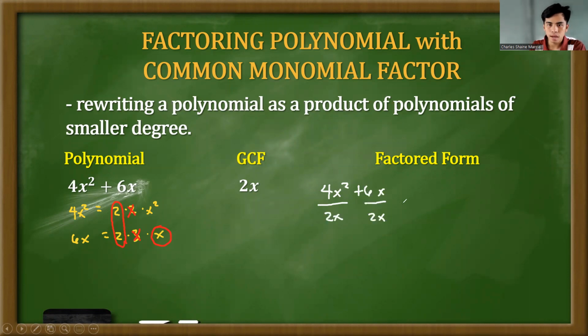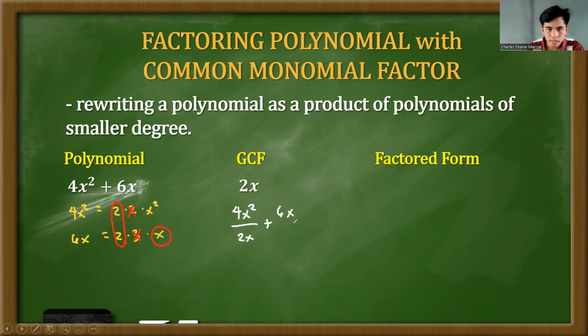Ayan, both silang i-divide. So, simple lang ang gagawin natin. Opo, itong numbers, itong 4 and 2, i-divide lang natin siya. Ilagay muna natin dito: 4x squared divided by 2x plus 6x divided by 2x.